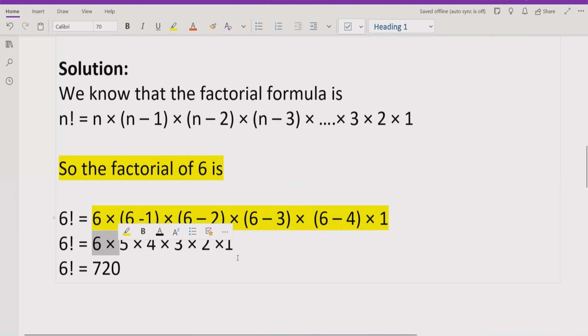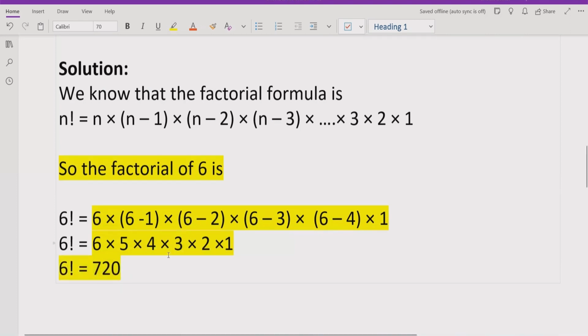After that, you multiply all these numbers. When you multiply 6 by 5 by 4, 3, 2, 1, you will get the answer 720. So the answer of 6 factorial is 720. So part A answer is 720.